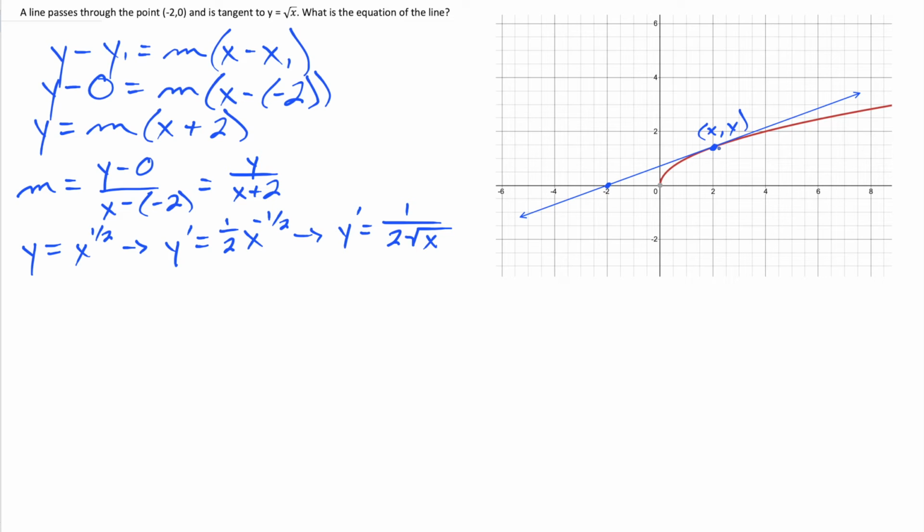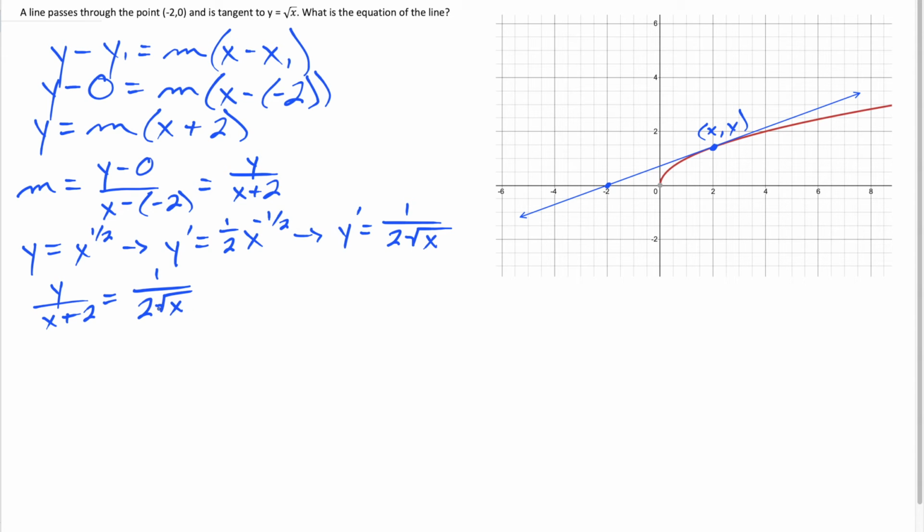Recognizing that the derivative at our point of tangency and the slope of our blue line must be equal for this line to work out, we can set our slope, y over x plus 2, equal to our derivative, 1 over 2 root x. So y over x plus 2 is equal to 1 over 2 root x.